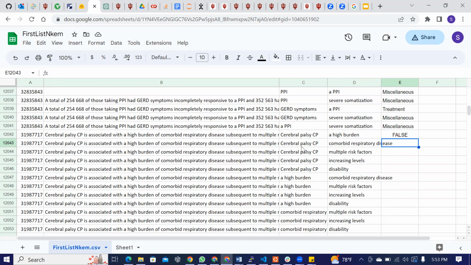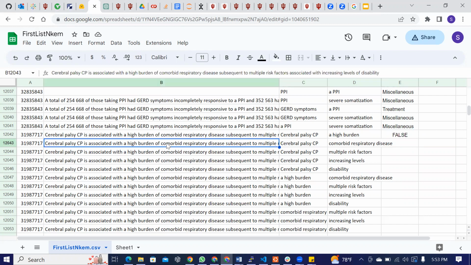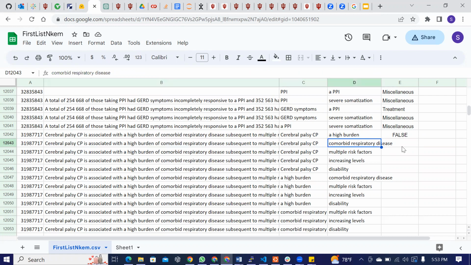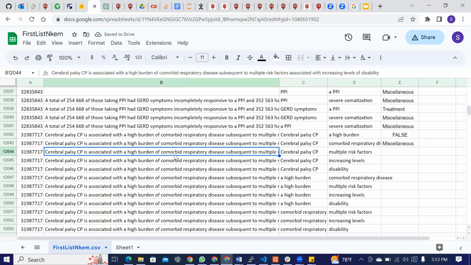Now, cerebral palsy (CP) is associated with a high burden of comorbid respiratory disease. Cerebral palsy and respiratory disease are definitely associated. What kind of relationship? You say miscellaneous, because it's an association. Now, multiple risk factors: high burden subsequent to multiple risk factors.